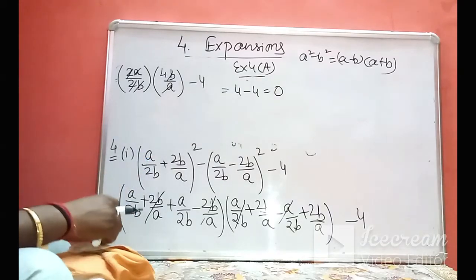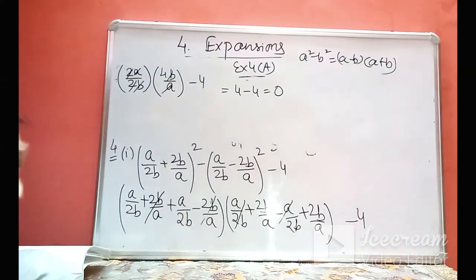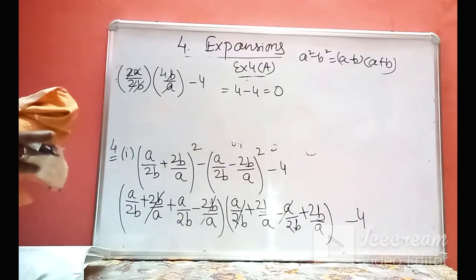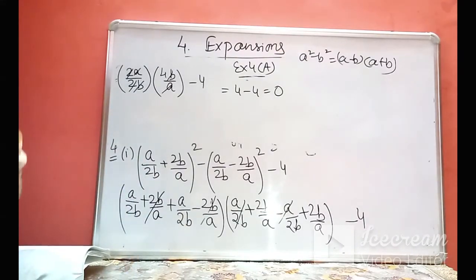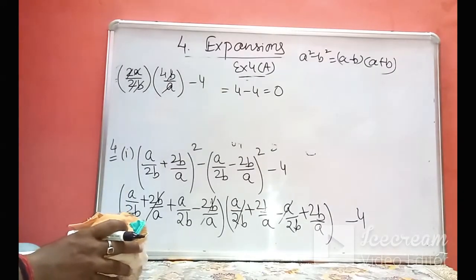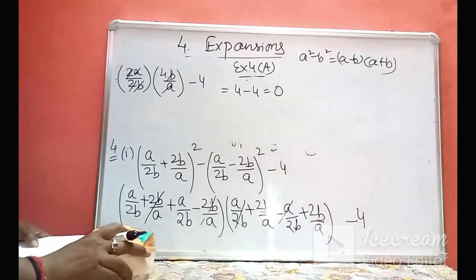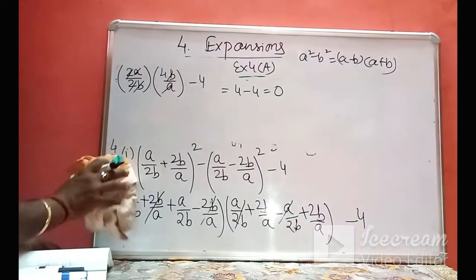Okay, so just try to use the identities whenever it is required to get your result in a short period of time. Understood? Now we will see some questions, question number 5, 6, 7, 8, and we'll try to understand them. So I will start with question number 5.